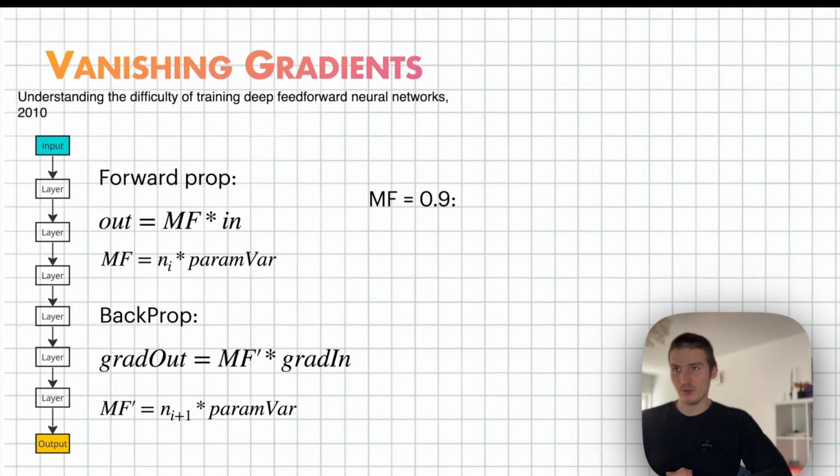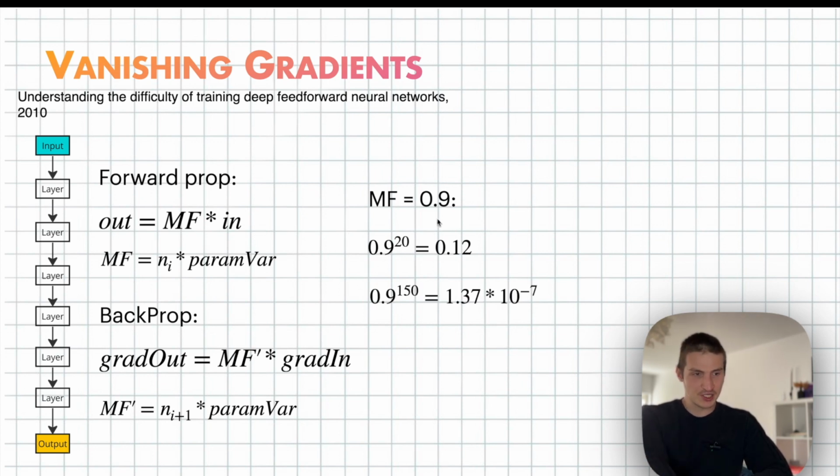It's not such a big problem if the network is not too big. If you had a multiplying factor of 0.9, for example, then if we take it to the 20th power, that's still 0.12. So it's still fine. But if you have a really deep network, like 150 layers, even with such a gentle multiplying factor, you would end up with a range that is basically zero, which means that your gradients are basically zero for all the values that you get.